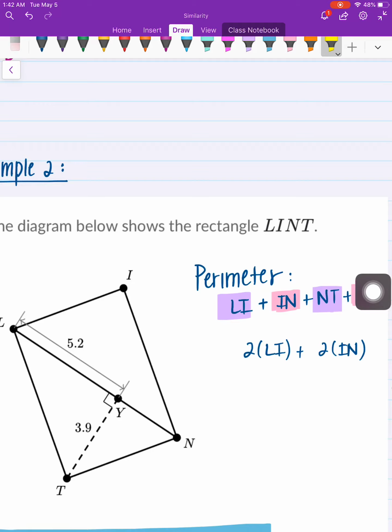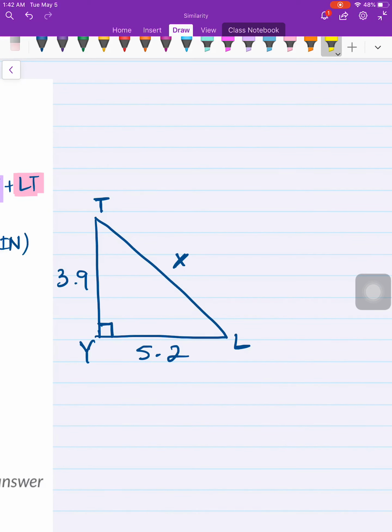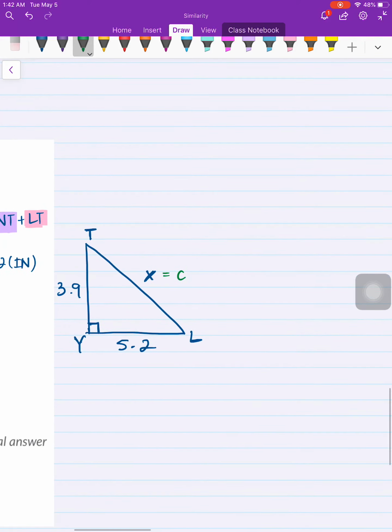So for this one, if I want to find my X, I'm actually trying to find the C value here. So I'm going to use the Pythagorean theorem, a squared plus b squared equals c squared.